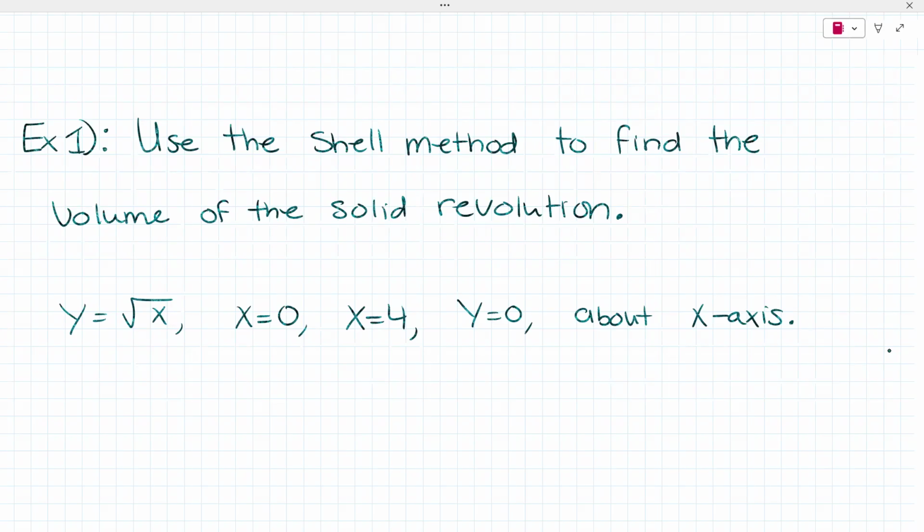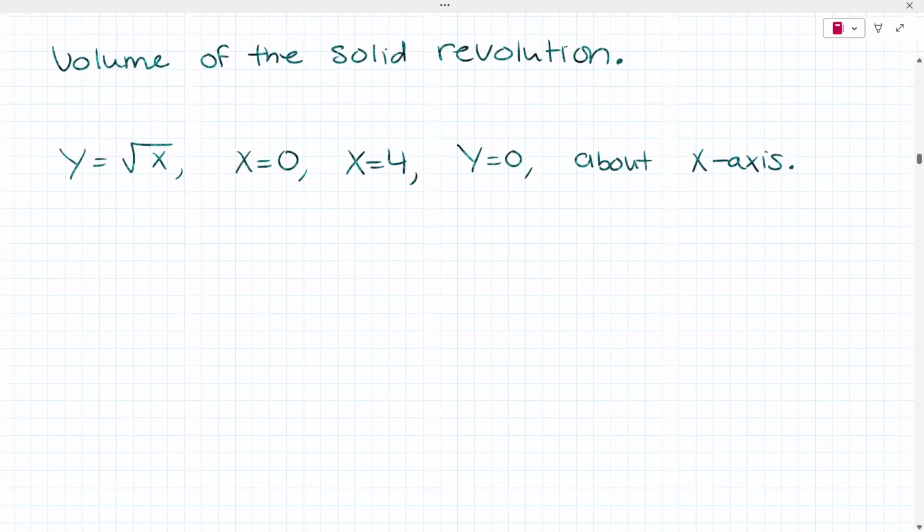And y equals 0. And it's revolving around the x-axis. You can put all those equations in Desmos if you like. I kind of have an idea, so let me first draw my graph the best I can. The more detailed, the better.